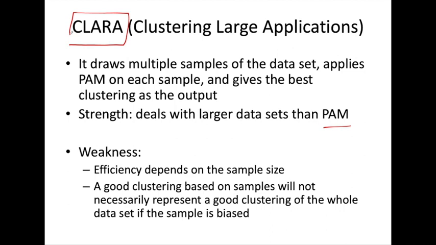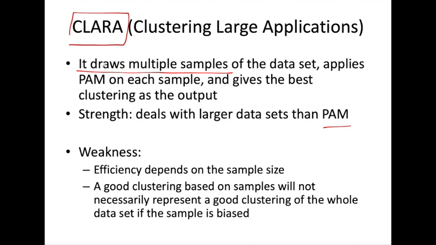Basically, what we do here is select at random a sample of the points. Let's say that you have 1 million points. You select a random subset of those points, say 100,000. Then, in those 100,000 points, you apply the regular K-Medoids method.